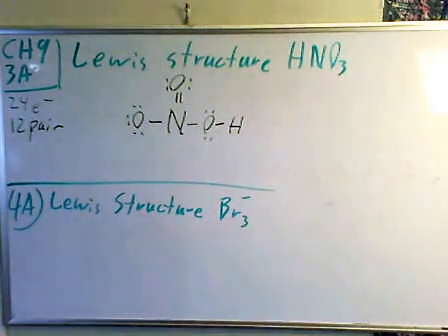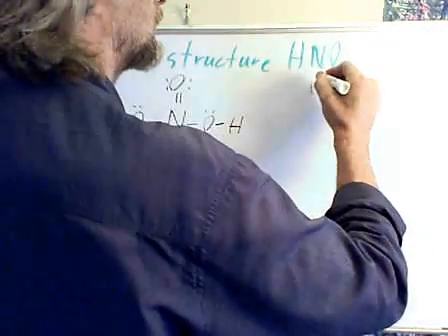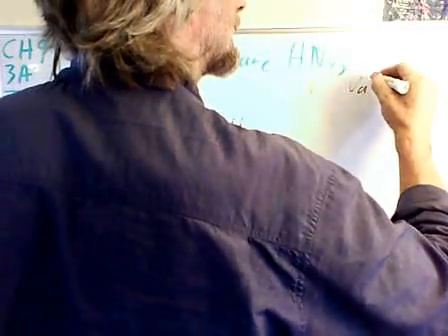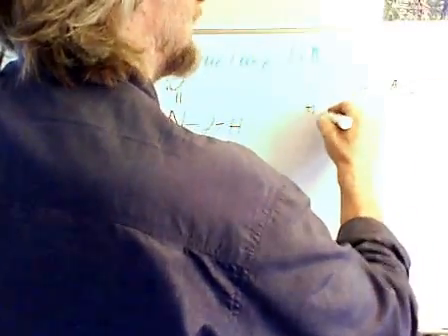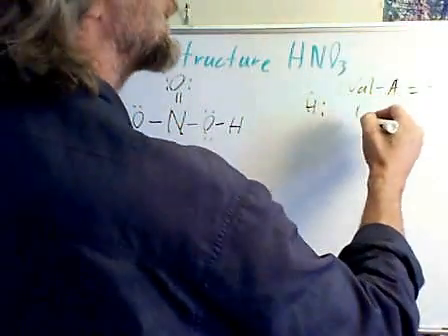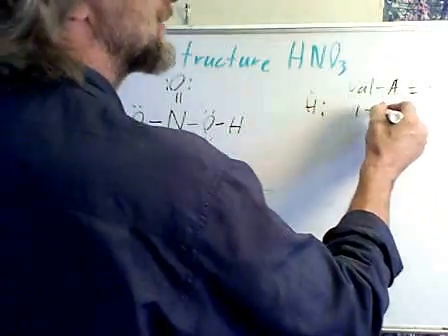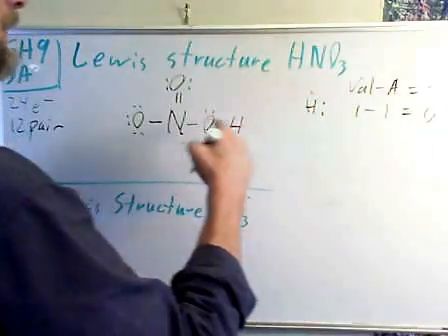So we want to also do formal charge. For hydrogen, we have 1 valence electron, 2 bonding electrons, we get half of that, so 1 assigned electron, so a formal charge of 0.